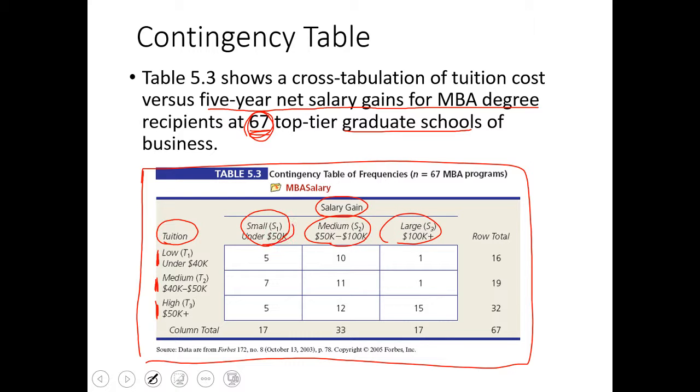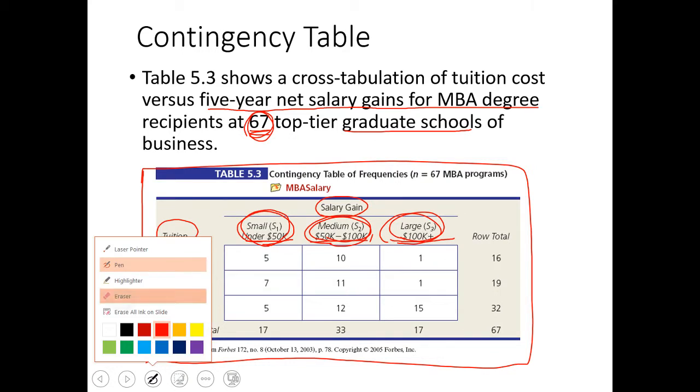One is small salary, medium salary, and large salary. So small salary means under 50K per year, medium salary is 50K to 100K per year, and large salary is more than 100K per year.